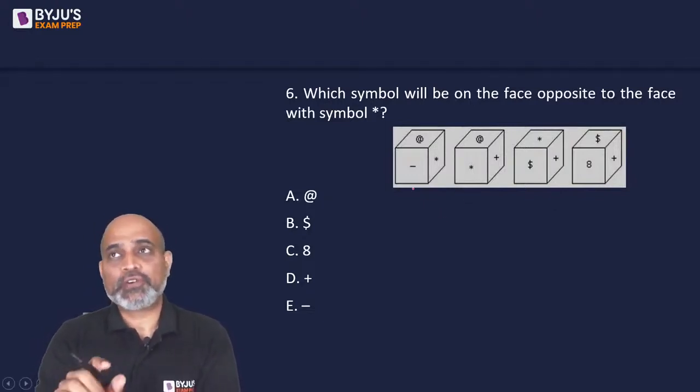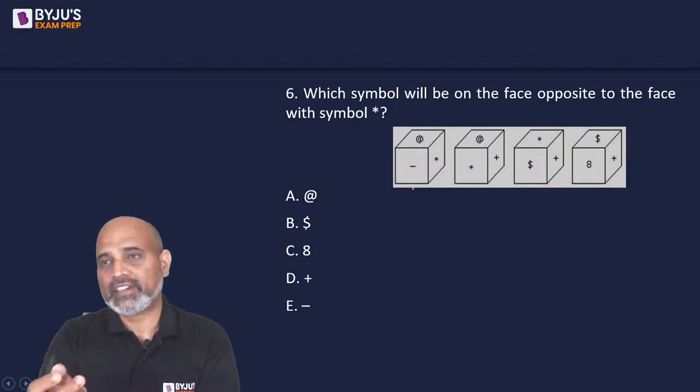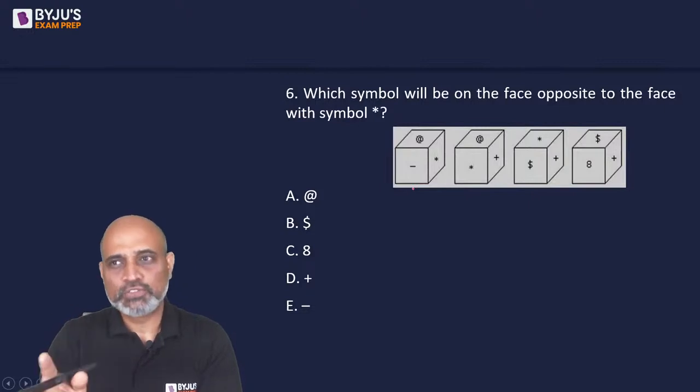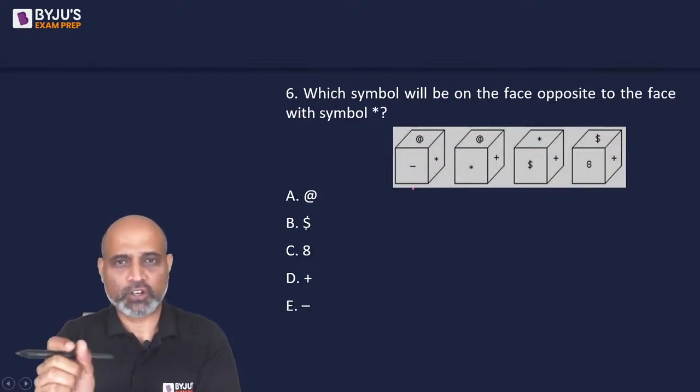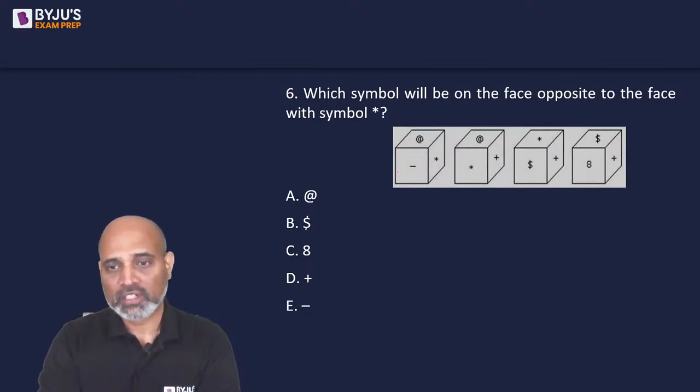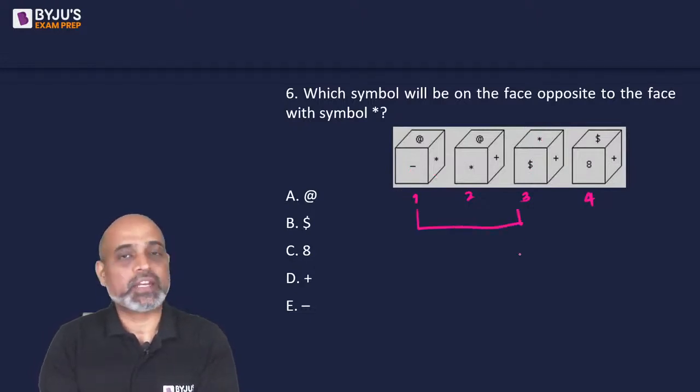So what we do when we are given a die and we are asked to find a pair of opposite faces, we choose any two pictures of that particular die where you have only one symbol common. If you look at the shapes, in the first and second we have two symbols common, which are asterisk and at symbol. So we'll not take 1 and 2. If we take 1 and 3, we have only asterisk common. So let's take 1 and 3.